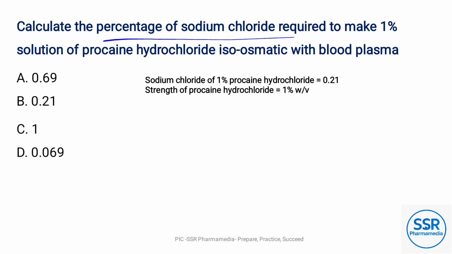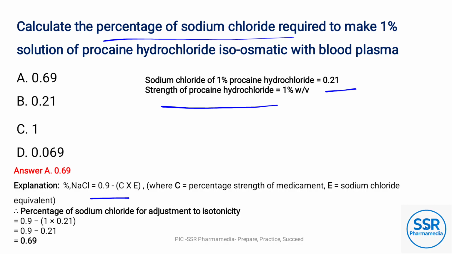Calculate the percentage of sodium chloride required to make a 1% solution of procaine hydrochloride isoosmotic with blood. The sodium chloride equivalent of procaine hydrochloride is 0.21, and the strength of procaine hydrochloride is 1%. So the formula is 0.9 minus C into E, where C is the percentage of the medicament, 1%, and E is the sodium chloride equivalent.